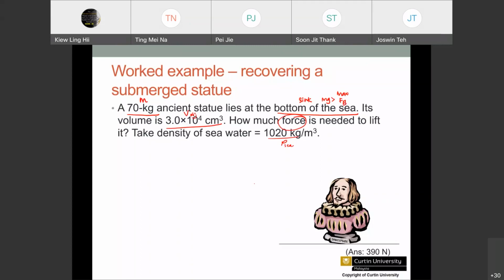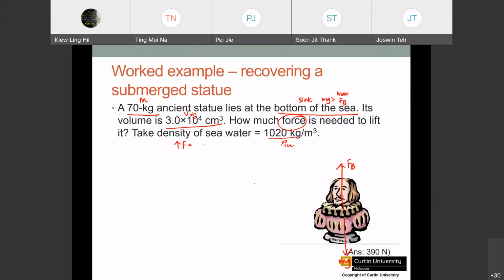So draw your free body diagrams. When something is down into the water, it is related with fluids. So we have an upward force, which is called the buoyant force. This object with mass, we have mg, which is going downwards. So from our free body diagram, upward force equals downward force.